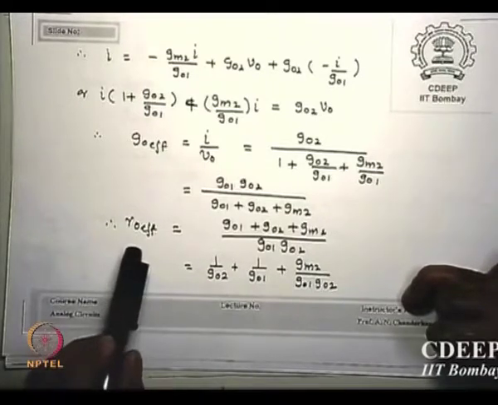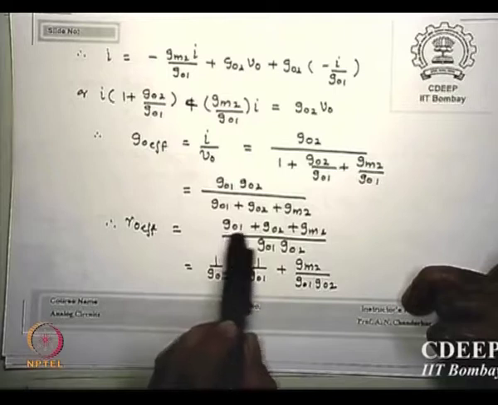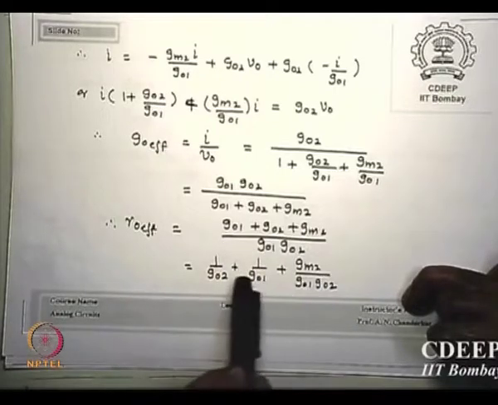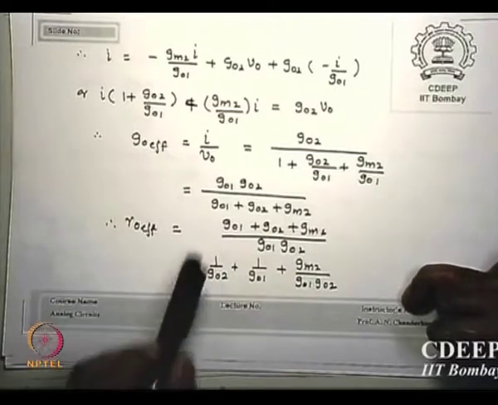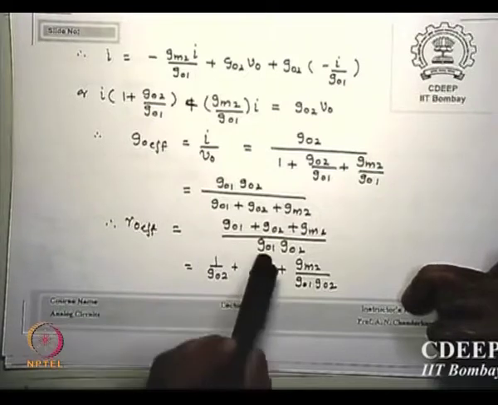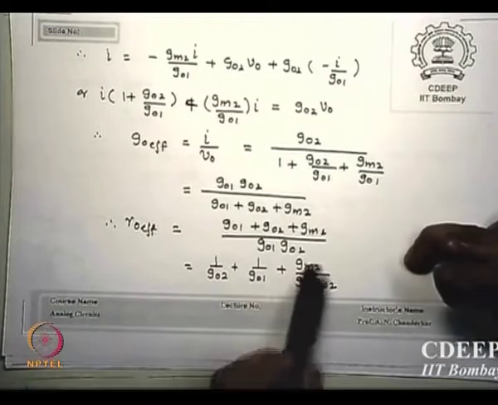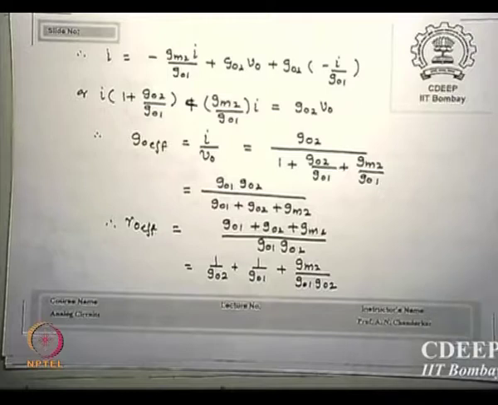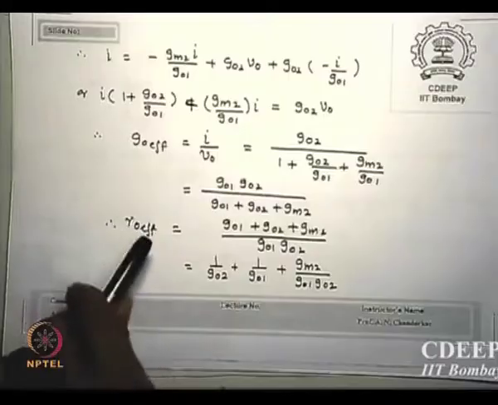Then if you wish, I can write RO effective as GO1 plus GO2 plus GM2 upon GO1 GO2, or it can be written as 1 upon GO2 upon GO1 plus GM2 upon GO1 GO2. Is that okay? What did I get? I get RO effective. Is that correct? GO effective is 1 upon RO effective.